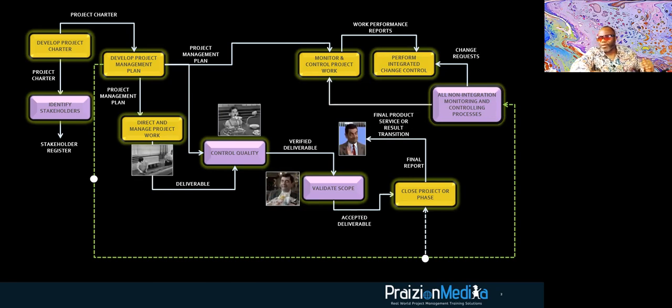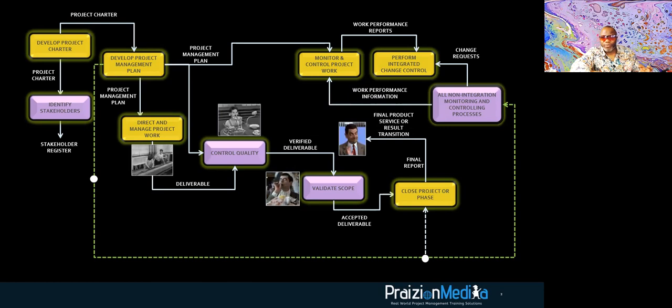And then from all of those non-integration monitoring and controlling processes, we get work performance information. What is work performance information? It just means that we've analyzed our data and now we have conclusive decisions as a result of that data.